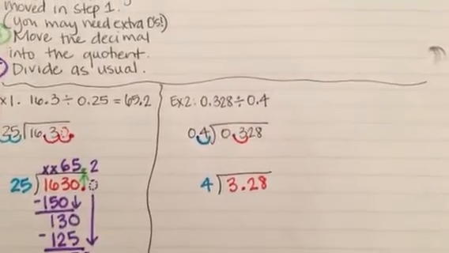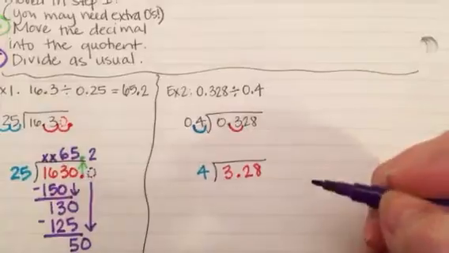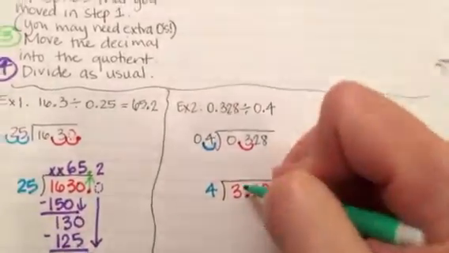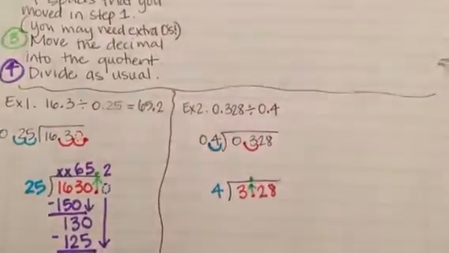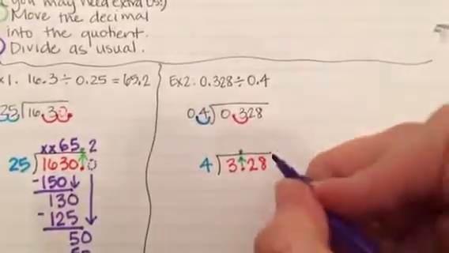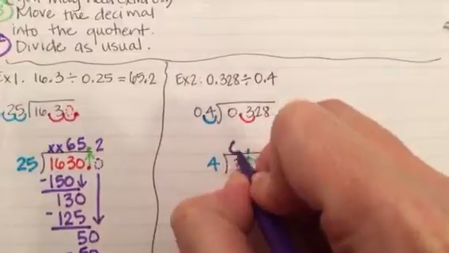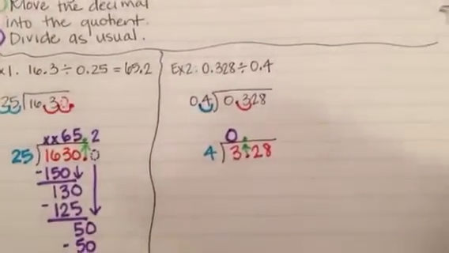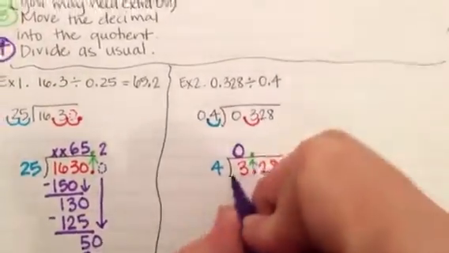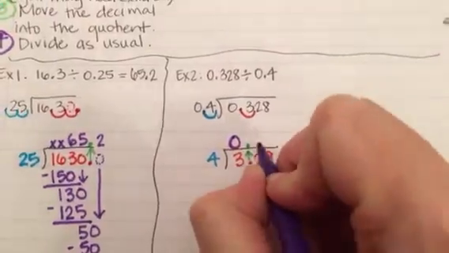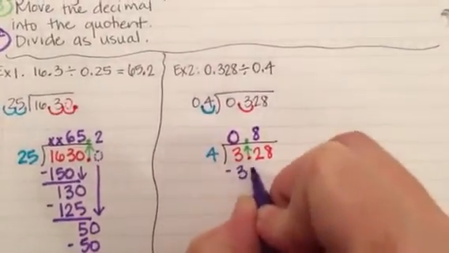And now we're going to follow through with our step 3, which is we take our decimal and we put it into our quotient, and then we can begin to divide. So 4 will not go into 3, so I know that there's going to have to be a 0 here. You could put an X and then add a 0 later if you wanted. And then 4 will go into 32 exactly 8 times.